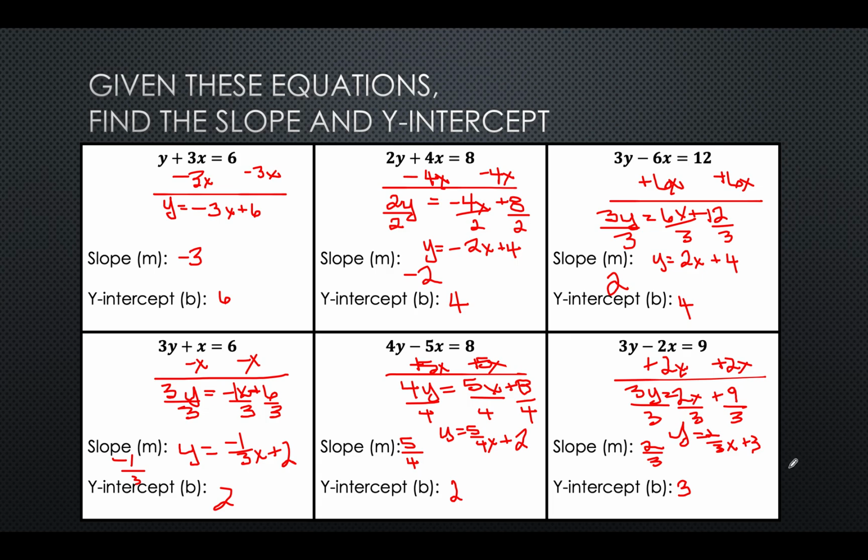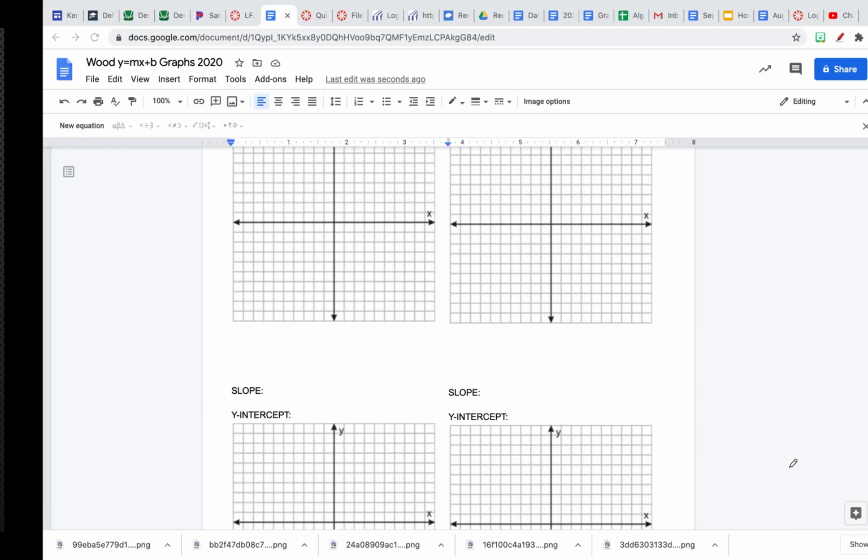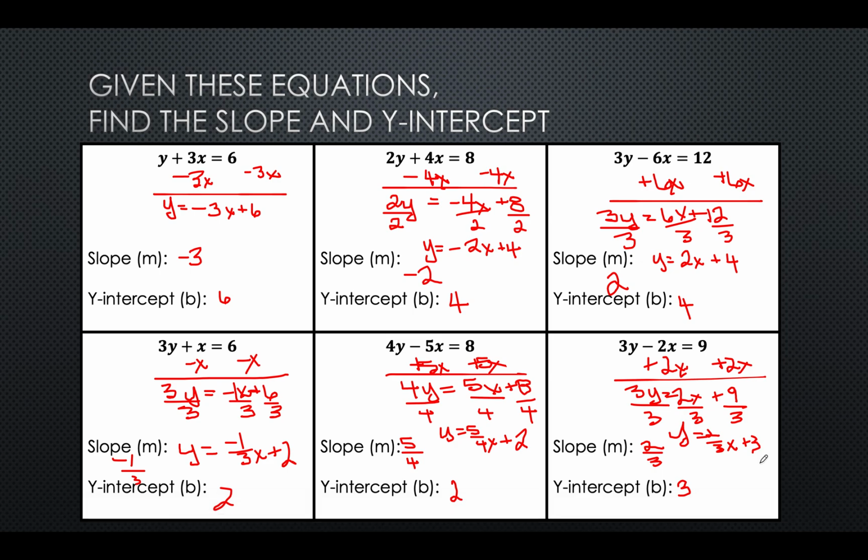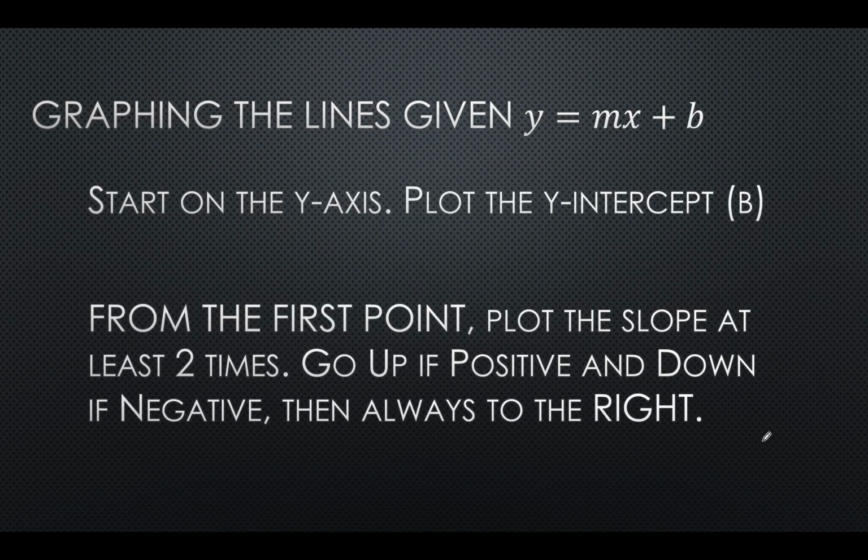Okay. What you have to do now is to graph the rest of these. I've already taught you how to graph them. Remember, you're going to start on the y-axis. You plot the y-intercept. Write these notes at the bottom. Start on the y-axis.